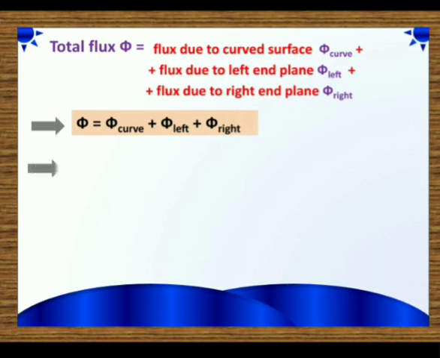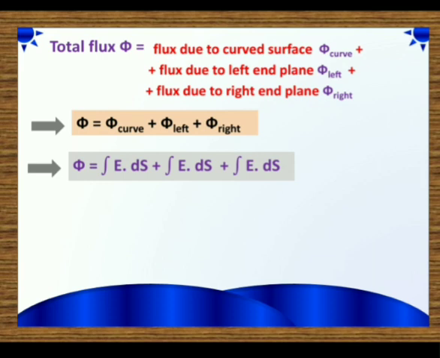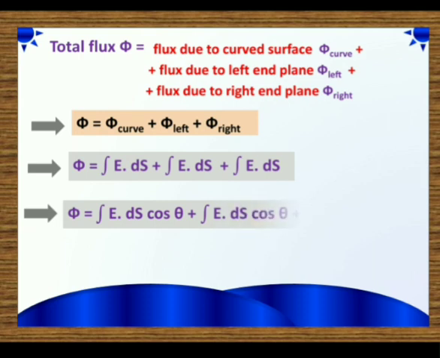Now phi is equal to integral E dS curve plus integral E dS left plus integral E dS right, because the phi formula is integral E dS. Removing the dot product, I have to write cos theta: E dS cos theta plus E dS cos theta left plus E dS cos theta right.